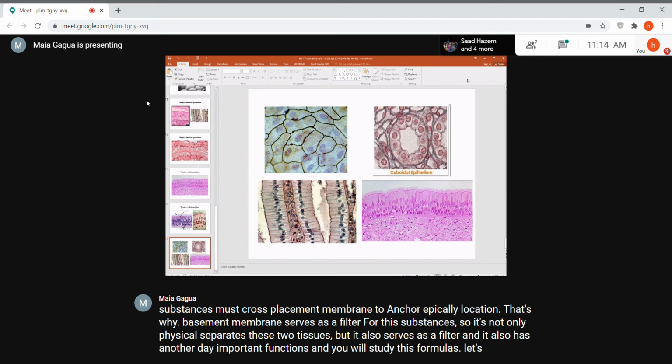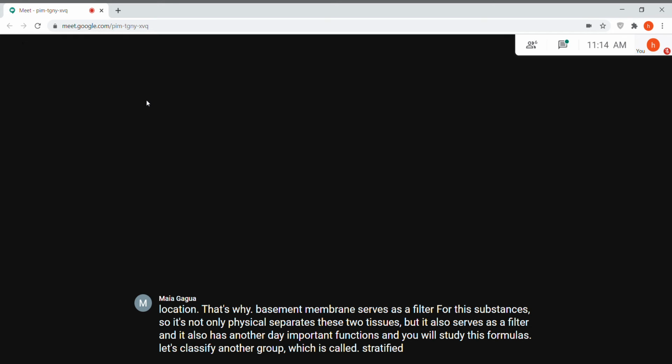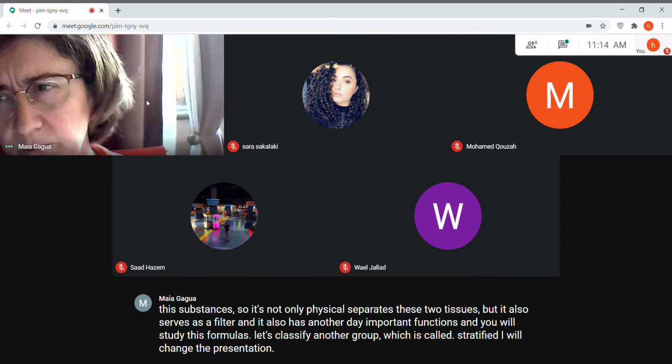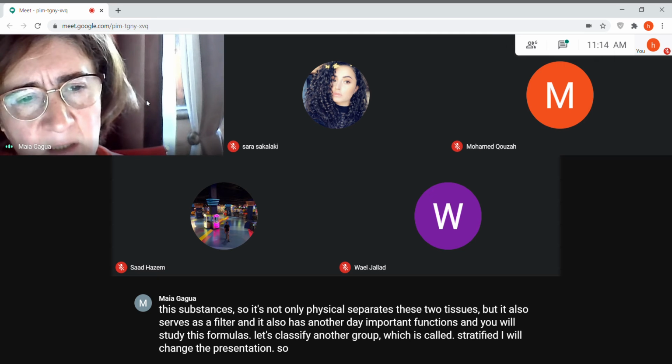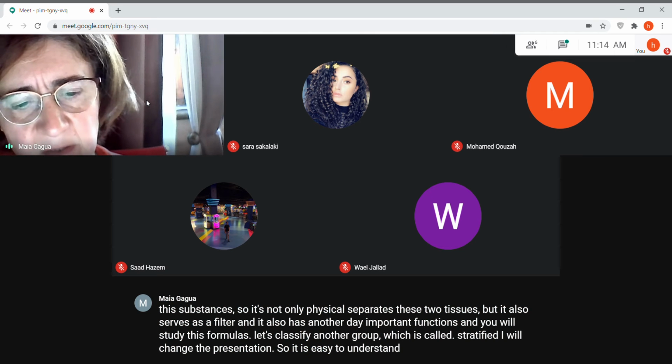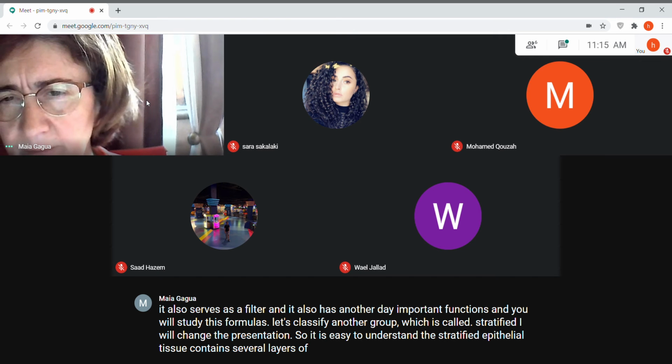Let's classify another group, which is called stratified. I will change the presentation. So it's easy to understand that stratified epithelial tissue contains several layers of cells.